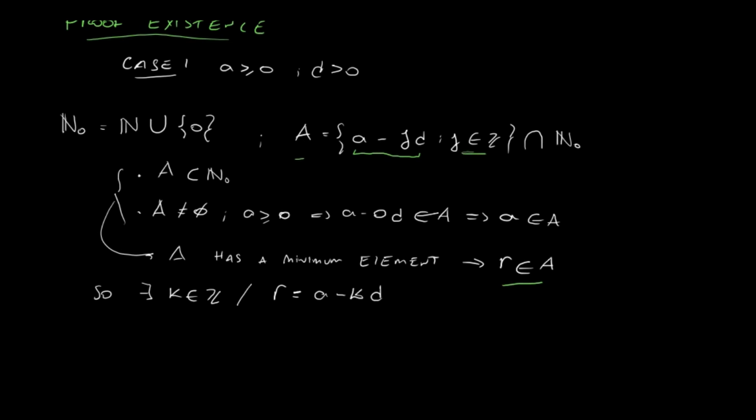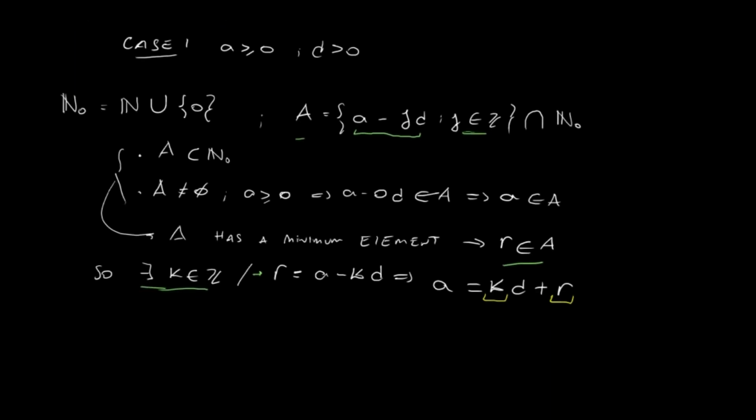So I know there exists this element k such that I can write it like this. Now this means that a equals k times d plus r. So we were able to write a as some integer times d plus some other integer. And this is exactly what we needed to prove.